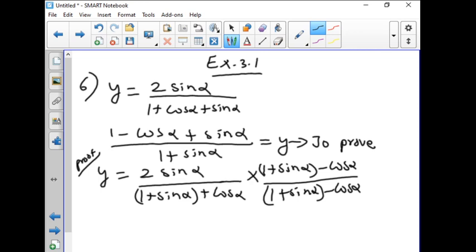So we are multiplying the numerator and the denominator. So what do we have now? What is the numerator? 2 sin alpha into 1 plus sin alpha minus cos alpha. What about the denominator?